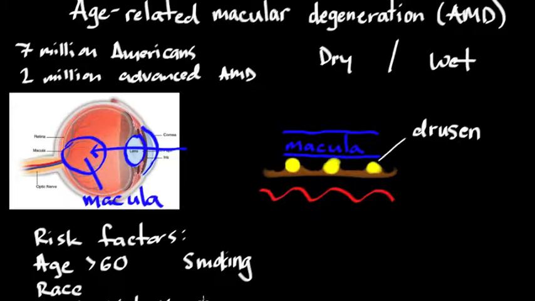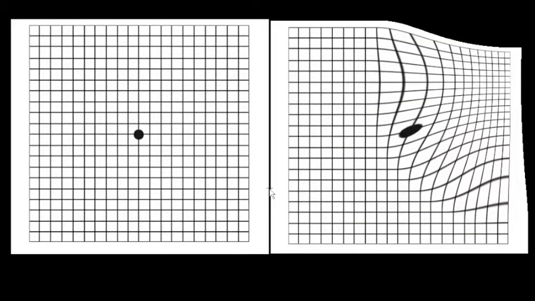Now I'd like to show you what a patient with dry macular degeneration, with drusen, is going to see in their vision. So here we have, on the left, just normal graph paper with vertical and horizontal lines. These lines are straight, and this dot represents the center of the graph. As patients develop the drusen under the retina, and then if they go on to develop wet macular degeneration, even more advanced, they will develop distortion in their vision.